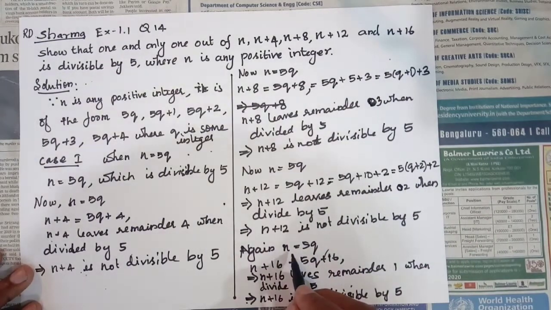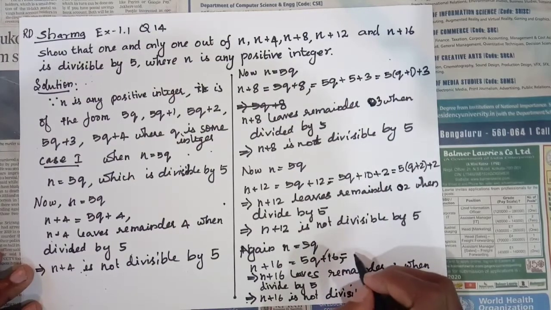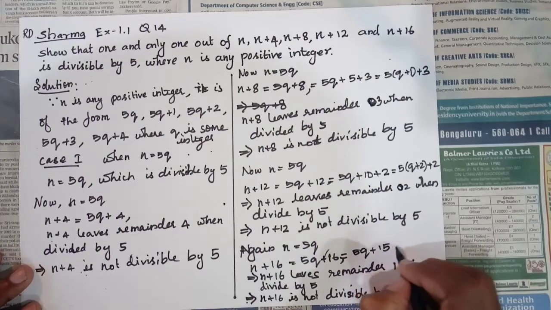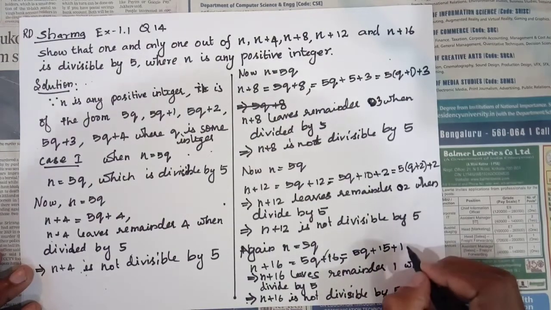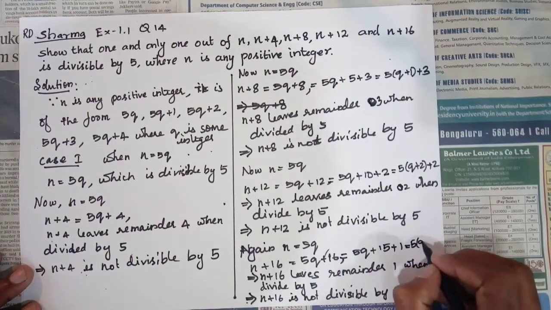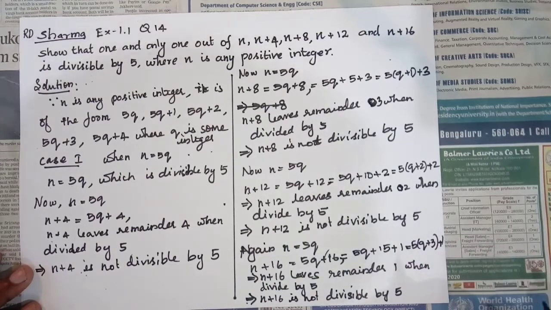Again, we take n is equal to 5q, this time for n plus 16. So we can write 5q plus 16. We can write it as 5q plus 15 plus 1. We can take 15 as a multiple of 5. So we can write 5 into q plus 3, plus 1.